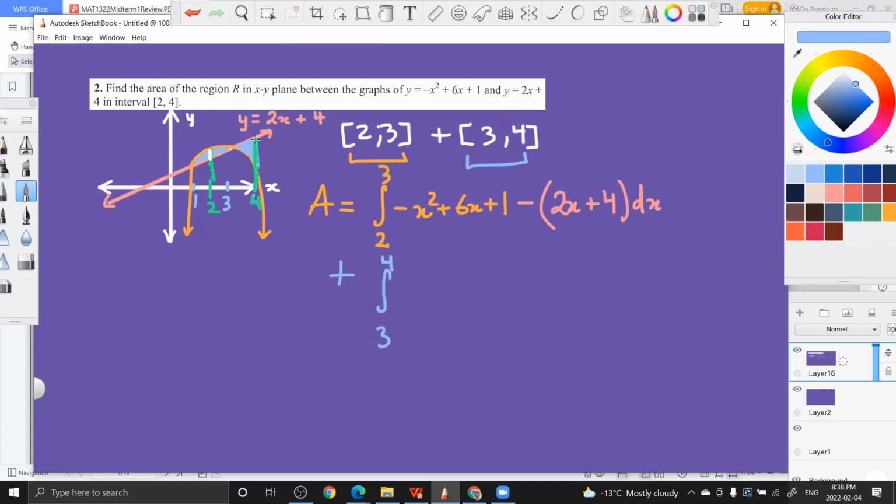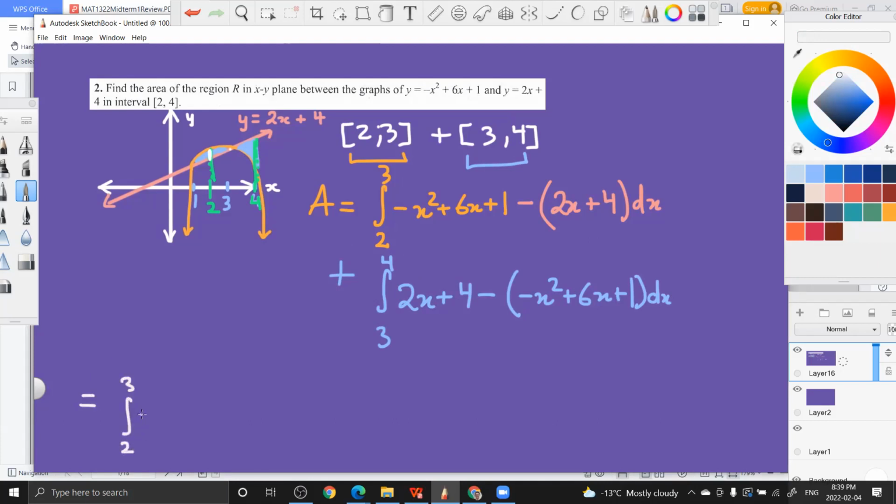The top function is the pink function. So 2x plus 4 minus the lower function at the bottom, which is the yellow function. So that's going to be negative x squared plus 6x plus 1 dx. I'm going to make it a little bit easier to read.